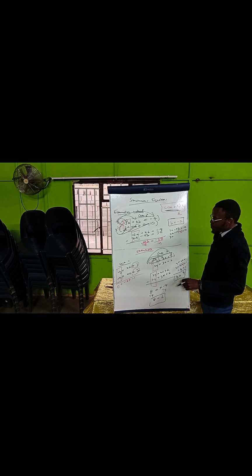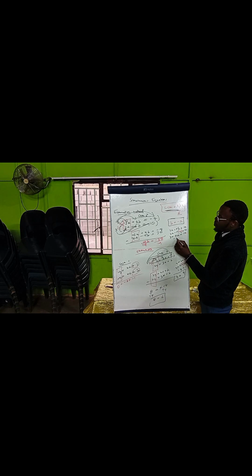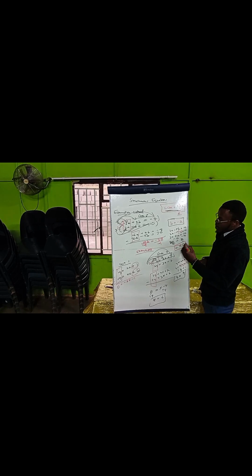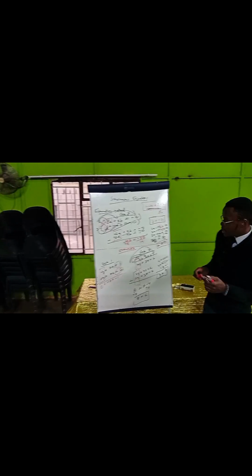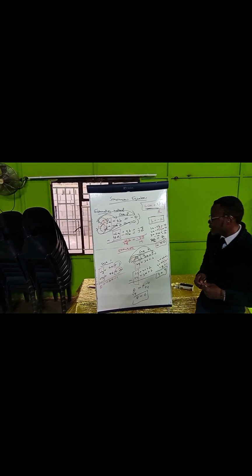Negative 5 times negative 2 is positive 10, equal to 10. So subtract 10 both sides. 2A is equal to 0, divided by 2. So A is equal to 0. So the value of A is 0 and the value of B is negative 2.